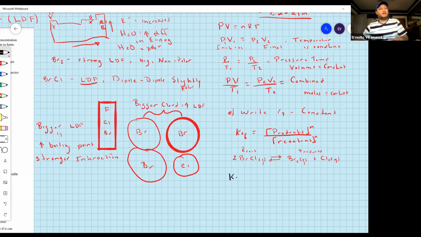So my equilibrium constant is equal to the concentration of my products, which is in this case Br2 times Cl2, all over the concentration of the reactants, which in this case is BrCl. And because there's a 2 right here, that gets an exponent of 2.